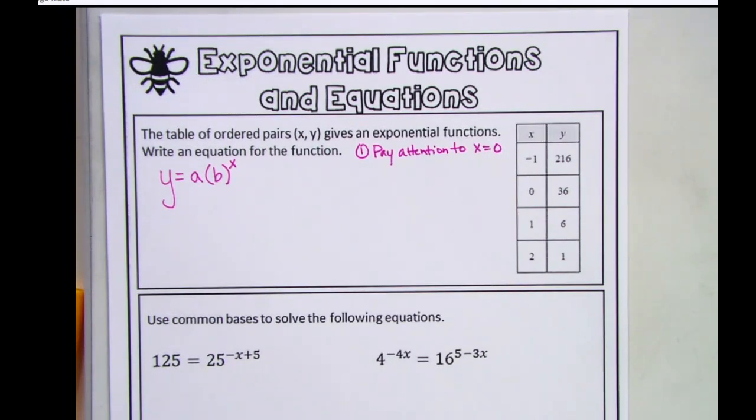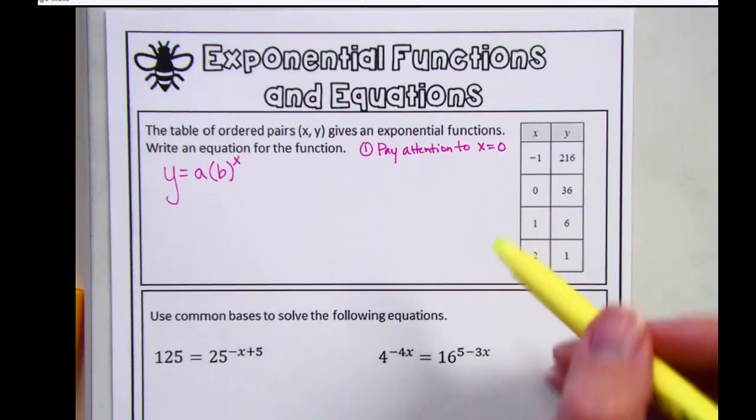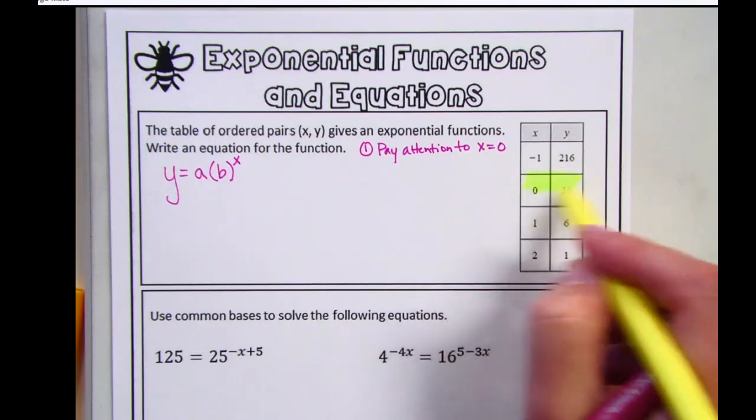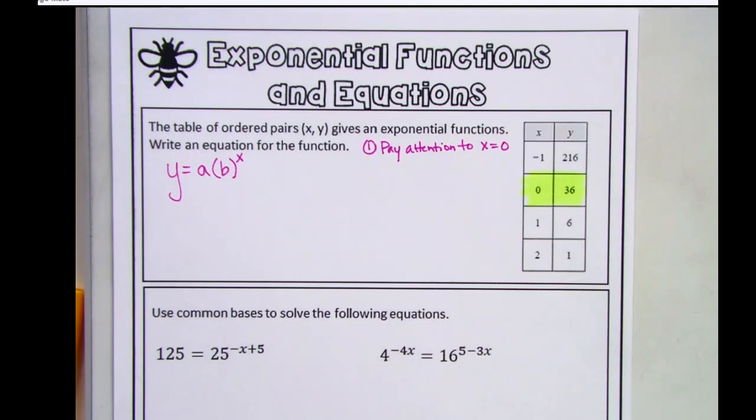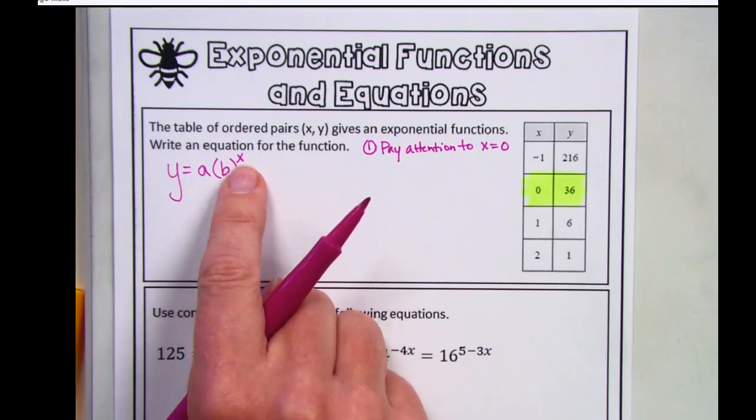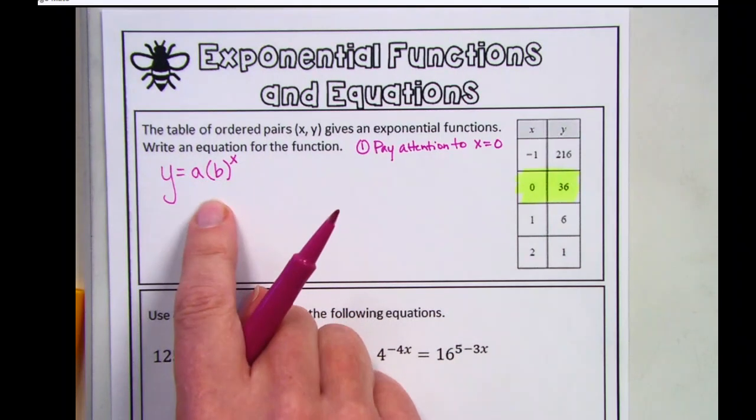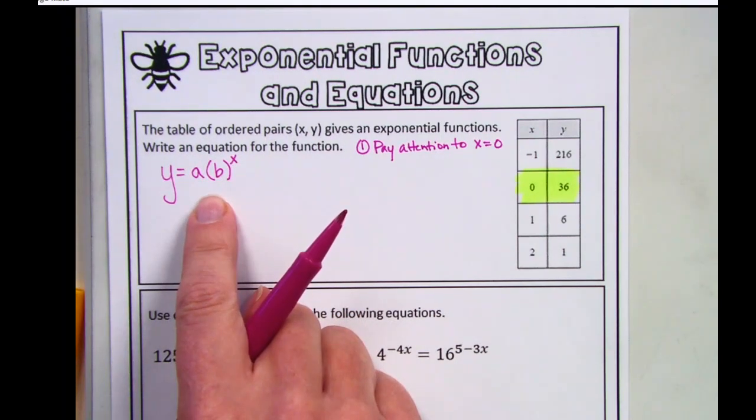Anything raised to the 0 power is what? 1. Yep, anything raised to the 0 power is 1. So what this is telling me right here is when x is 0, my function equals 36.